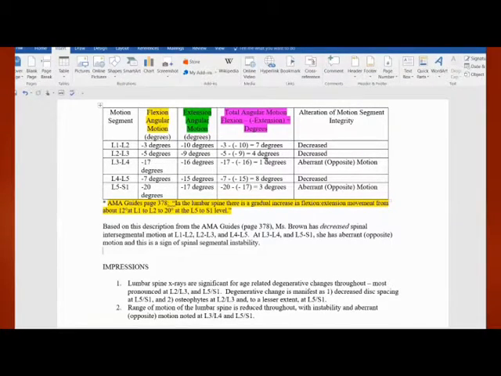So 12, 13, 14, something like that. Well, 4 degrees is almost certainly decreased and is consistent with the AMA Guides' description of, quote, complete loss or near complete loss of intersegmental motion.